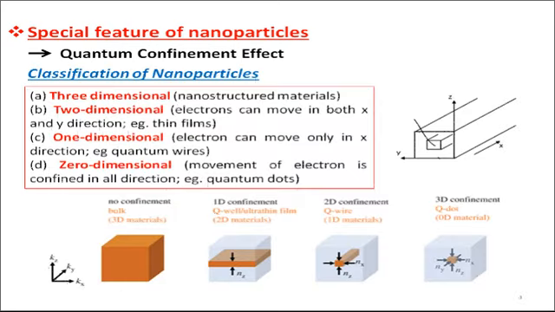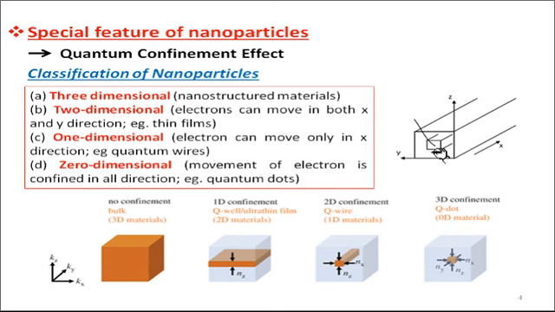Now, depending upon the confinement of electrons along any direction, nanoparticles can be classified into 4 types. Number 1 is 3-dimensional nanoparticles. Number 2 is 2-dimensional nanoparticles. Number 3 is 1-dimensional nanoparticles, and number 4 is 0-dimensional nanoparticles.